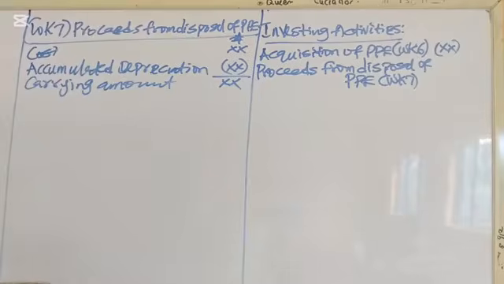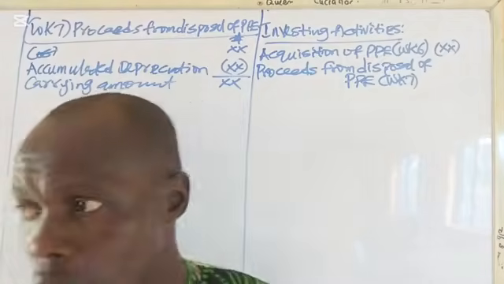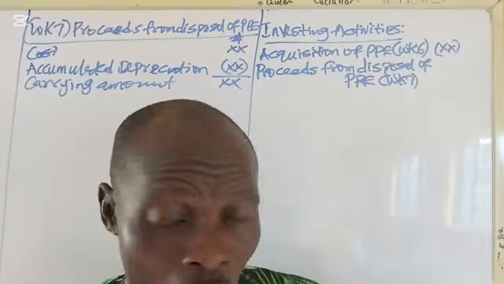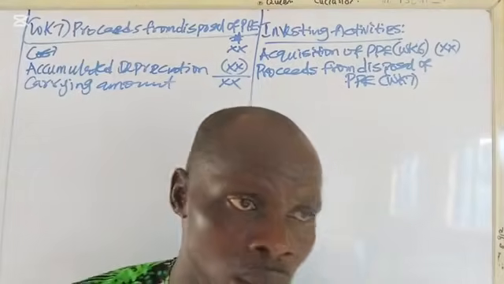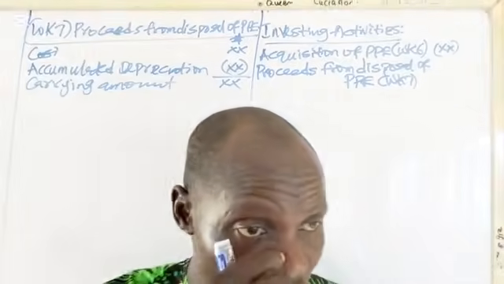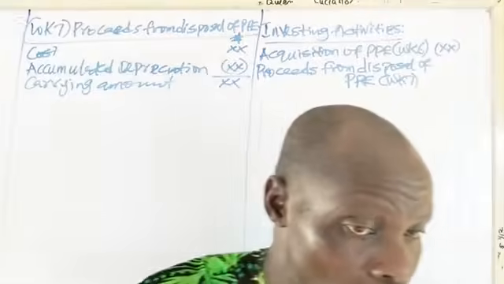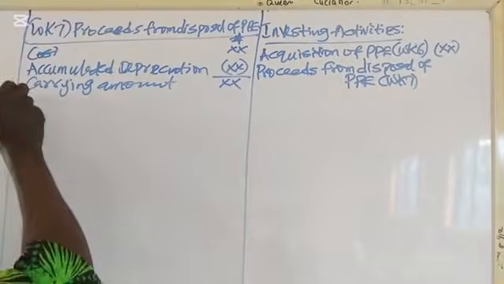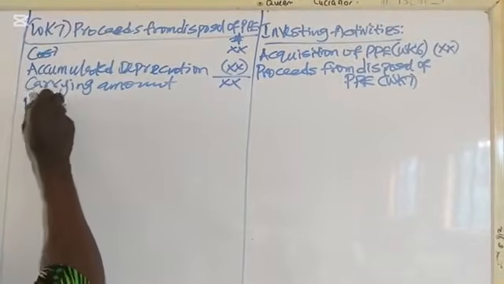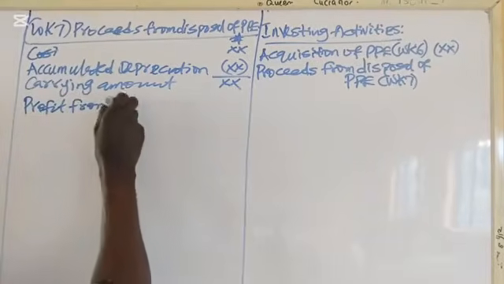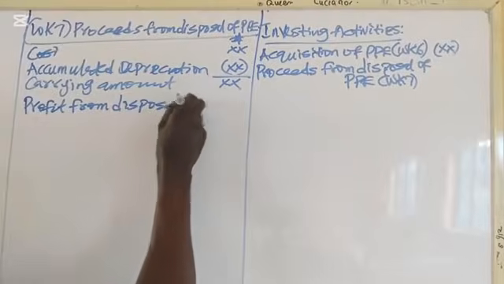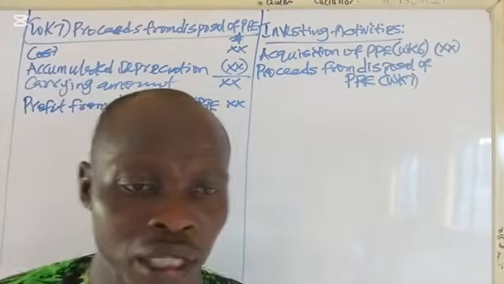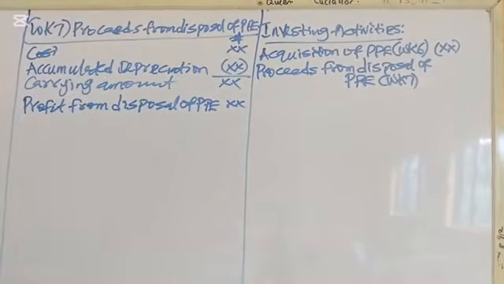You may be given the profit from disposal of PPE. The profit might be given by way of note, or you may see it on the face of the statement of profit or loss, or it might be included in other income, and you'll be told in the note that other income includes profit from disposal of PPE of some amount. So you take the profit from disposal. If the PPE is disposed at a profit, you add it in order to arrive at the proceeds.